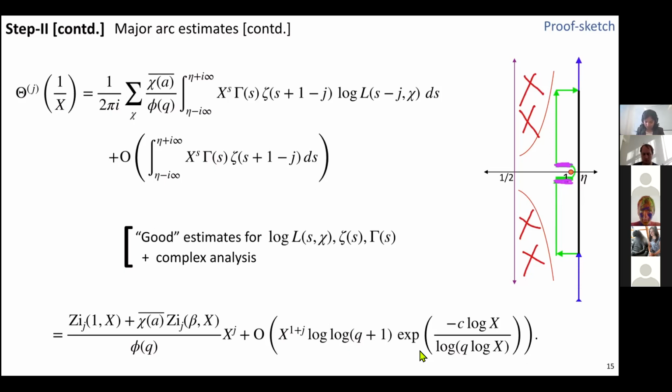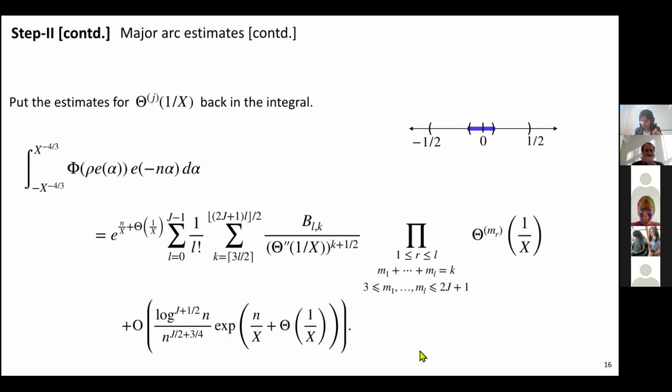We have obtained an asymptotic formula for these in terms of this. Now what we are left with is only the integral away from the 0 region, right? So now we need to compute this part, integral along this. So this we have already done, or we just did that.